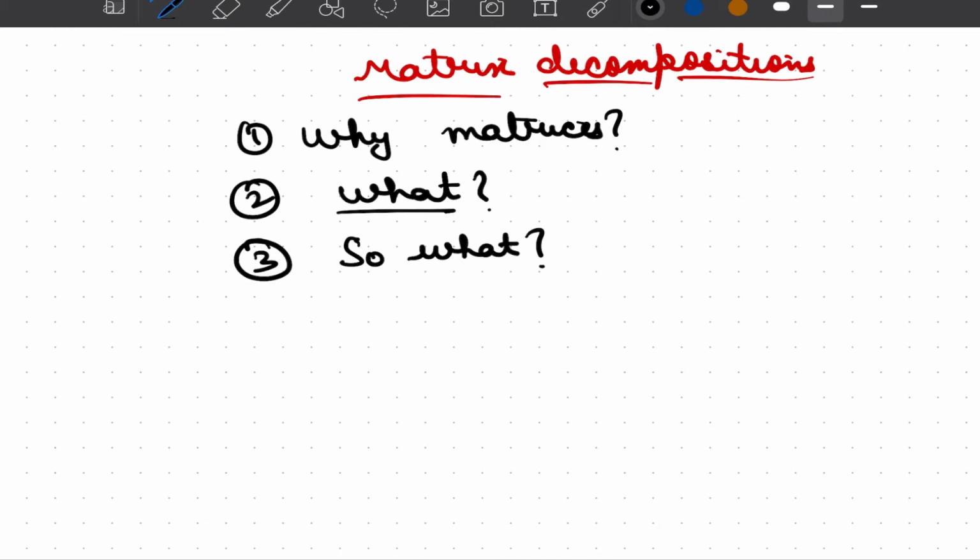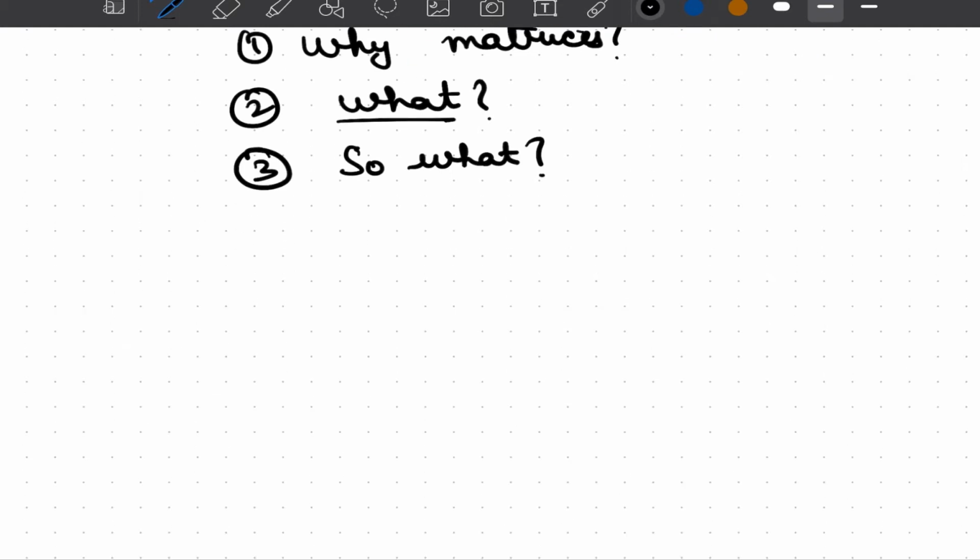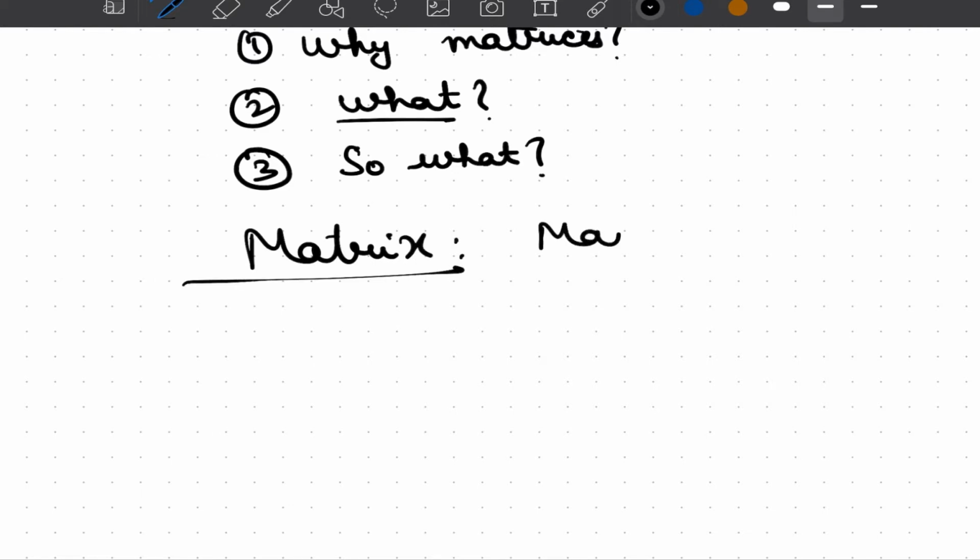Now, when we talk about machine learning or data science, one thing that is ubiquitous is of course vectors. And the second thing that we cannot get rid of is the matrix. All the datasets are represented in the form of matrices. For example, we will be dealing with multiple samples, and each sample in turn will have multiple dimensions.